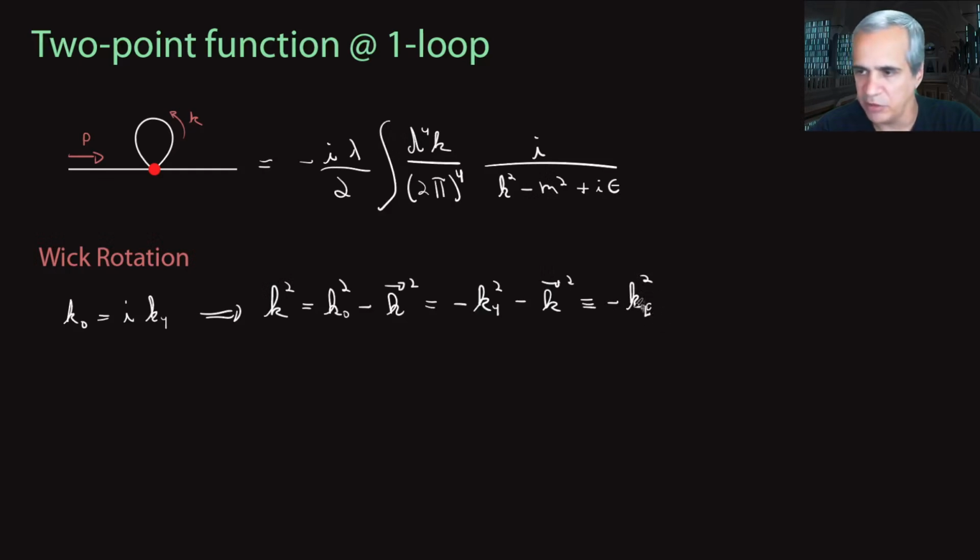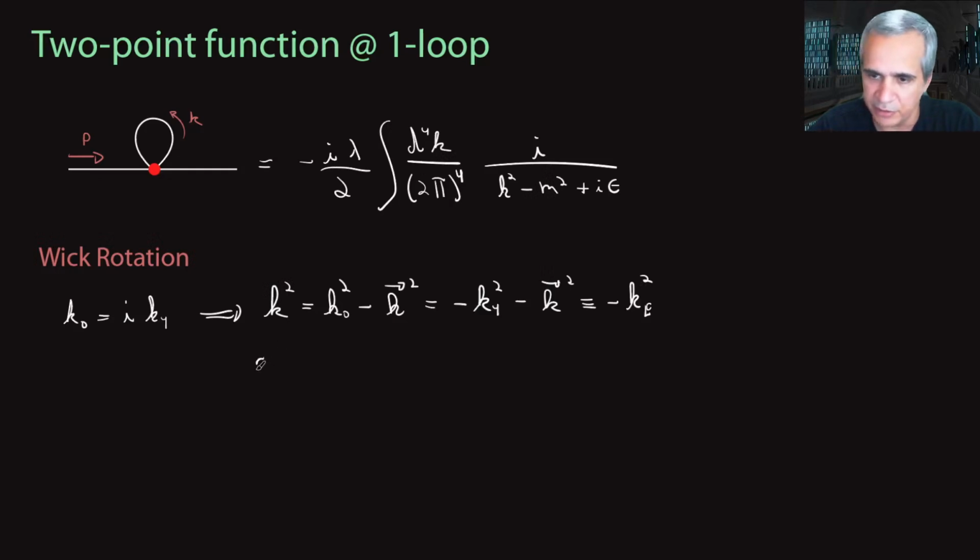The reason I call this Euclidean is because if you look at this definition, it follows a Euclidean metric. It's just the sum of squares of the parts. So this is positive definite, and that's why it's useful.